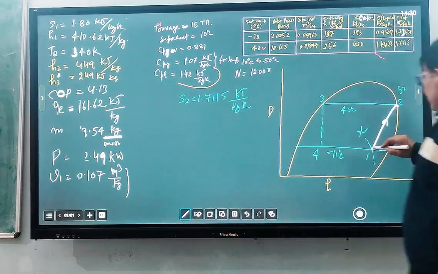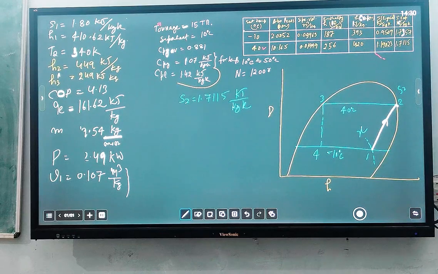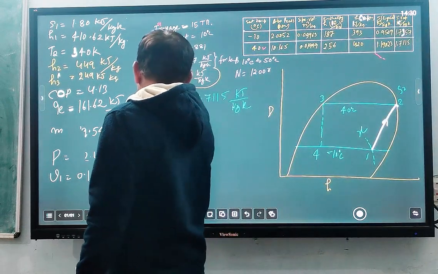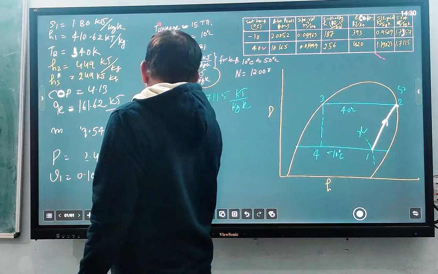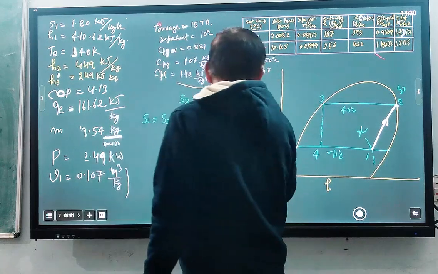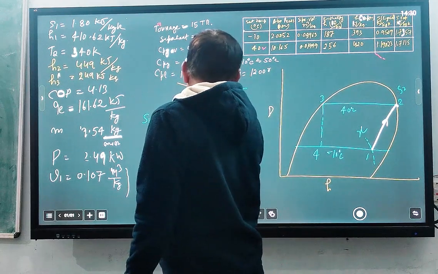And you know that this process is isentropic. So using this property, S1 equal to S2, and S1 is equal to Sf plus X into Sfg.